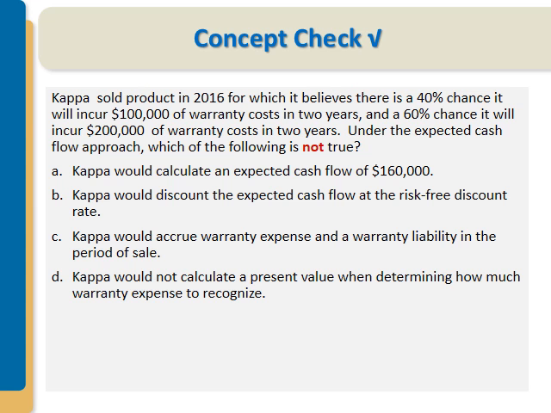Concept check. Kappa sold product in 2016 for which it believes there is a 40% chance it will incur $100,000 of warranty cost in 2 years and a 60% chance it will incur $200,000 of warranty costs in 2 years. Under the expected cash flow approach, which of the following is not true?